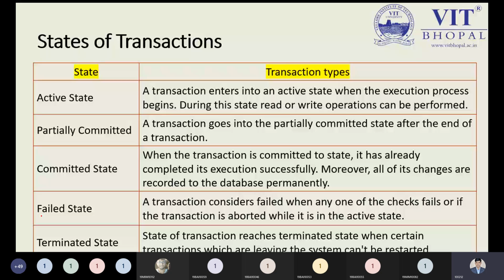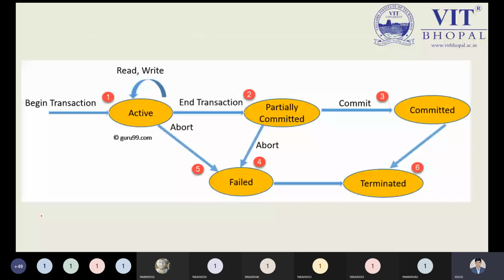Now for understanding, like the operating system process state diagram, we have the same diagram. First what we will do, we will begin the transaction, and after beginning the transaction, in the active state you are able to perform the read and write operations. And once the transaction has ended, your transaction will be partially committed.